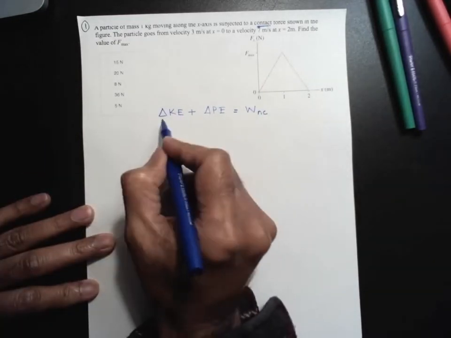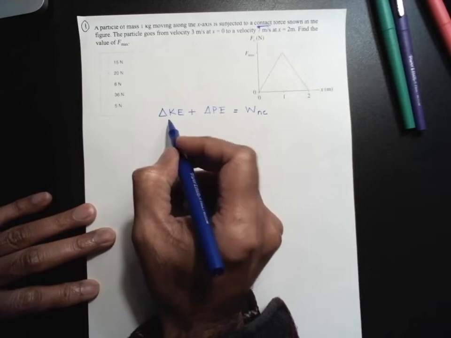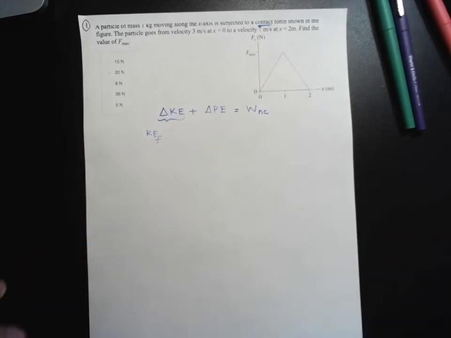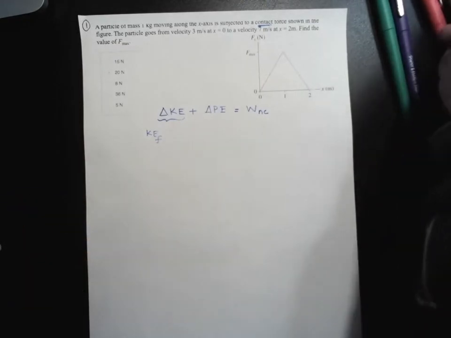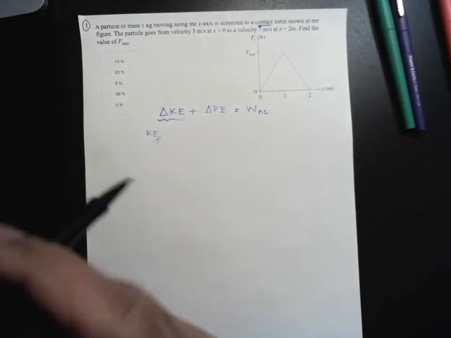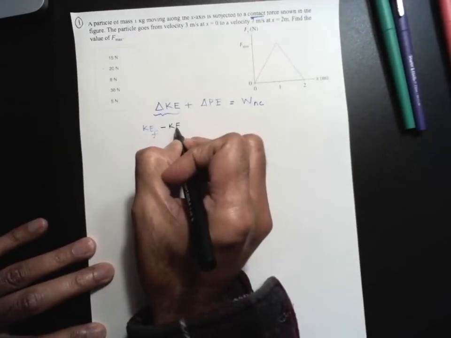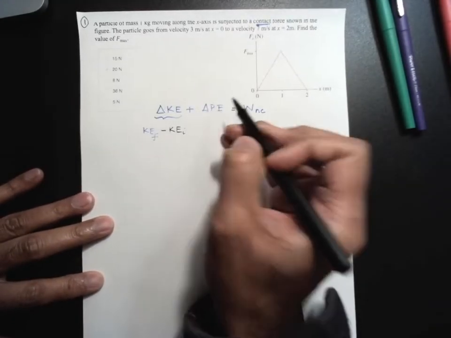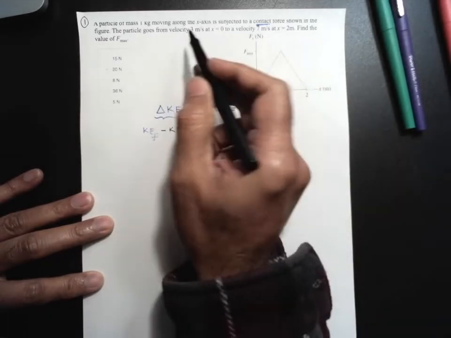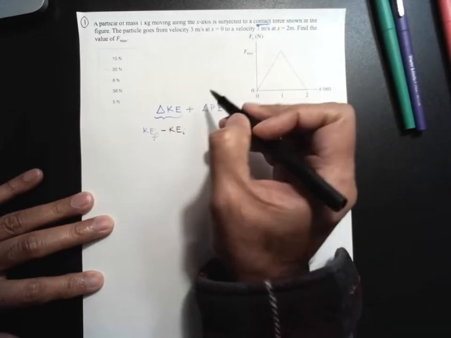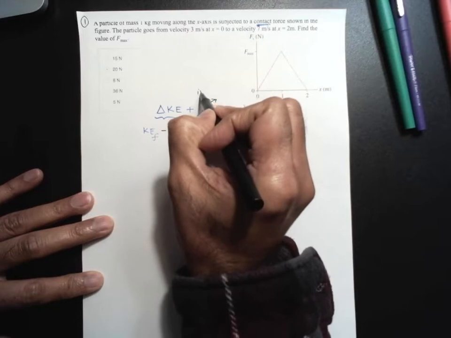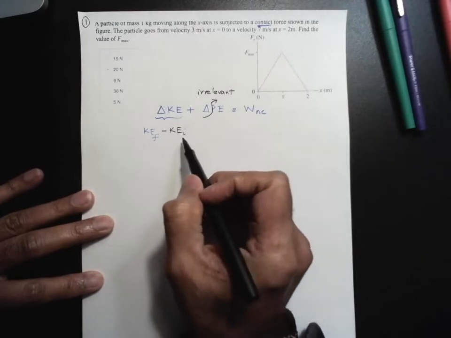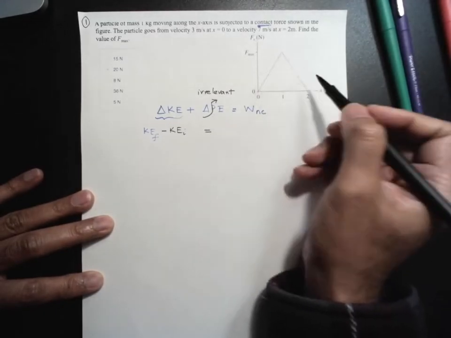Of course, the kinetic energy changed. So there's a KE final minus a KE initial. That's the change in the kinetic energy. Meanwhile, the change in potential energy: it's moving along x, there is no mention of it changing its height or anything, so this is not relevant. So the change in kinetic energy is the work done by the non-conservative force.